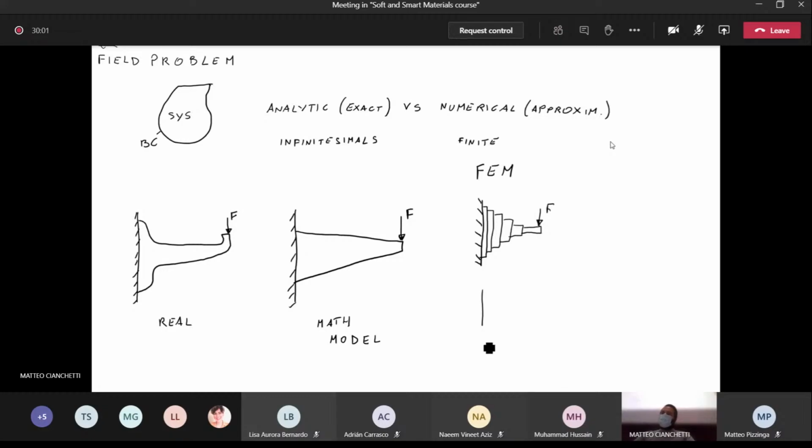Or alternatively, if you would like to simplify even more the approach, you can also reduce the dimensionality of the problem by using a monodimensional model like this.